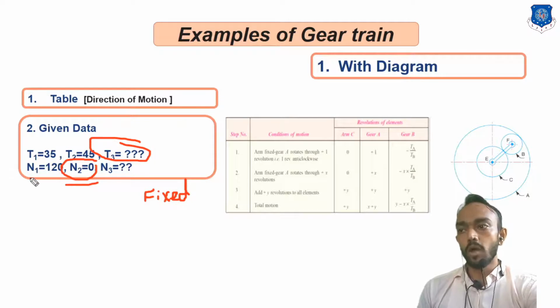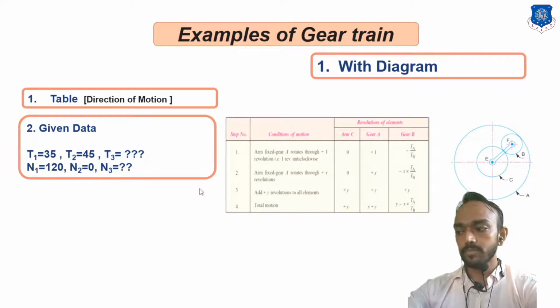So always remember that two RPMs will be given, and among them one is 0 and the other is some numerical value. So we have to find which gear is fixed and give it RPM 0.